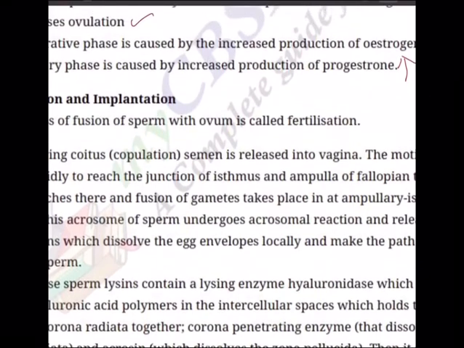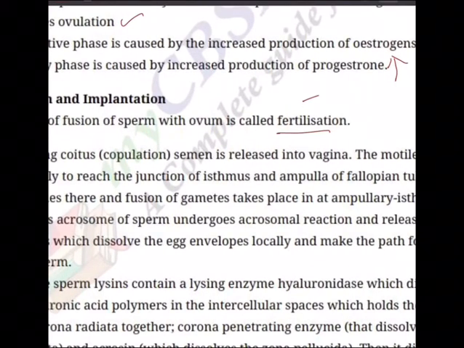And finally, what is fertilization and implantation? The process of fusion of sperm with ovum is called fertilization. So during copulation or coitus, semen is released into the vagina. The motile sperms swim rapidly to reach the junction, I said just now, isthmus and ampulla.